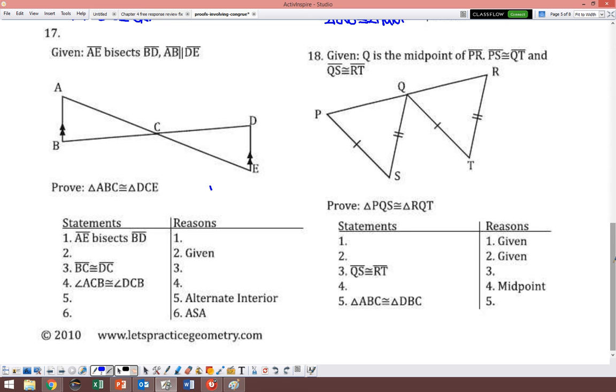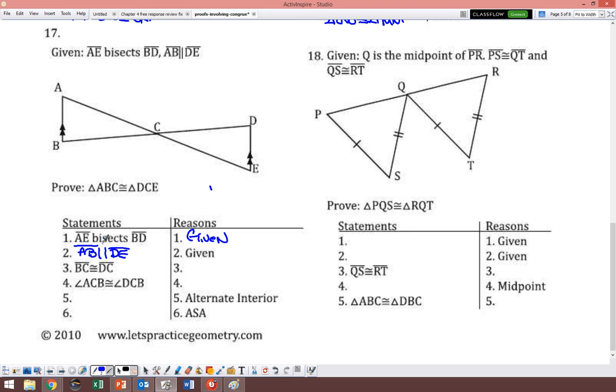All right, 17. Statement 1, or I'm sorry, reason 1. Given. Given, right? Statement 2. AB parallel to DE. Very good.